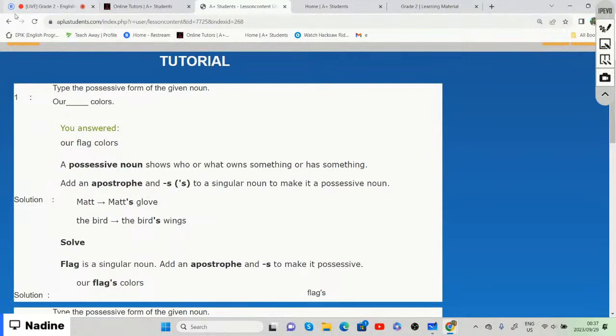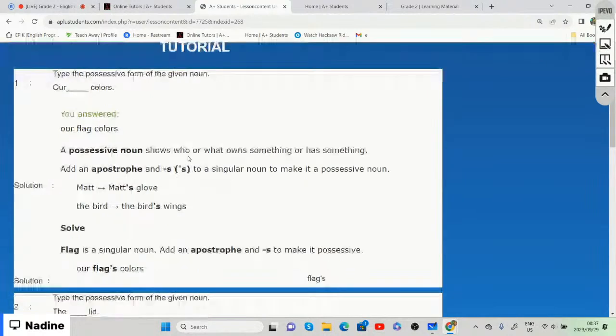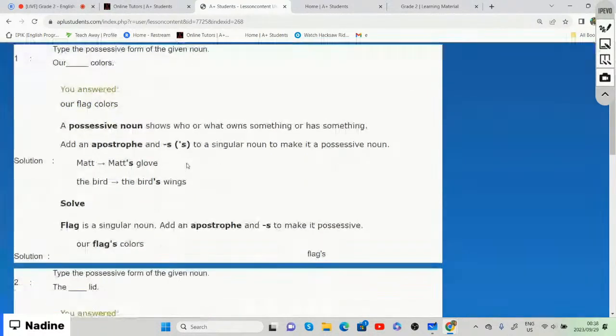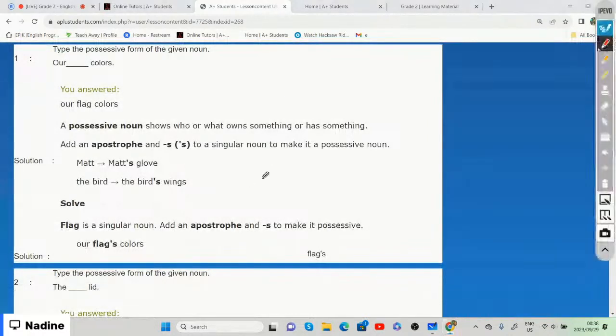Remember, if it only shows, for example, birds, right? If it does not have any apostrophe at all, then it means that it is a plural noun, right? It is only a plural noun.